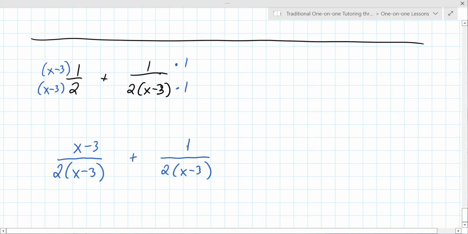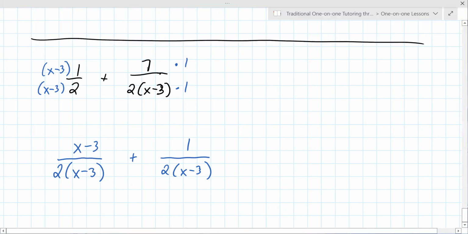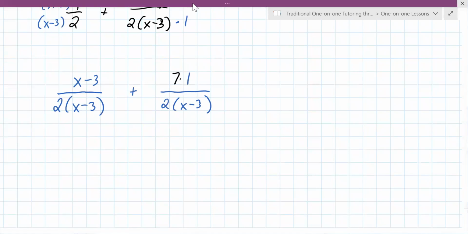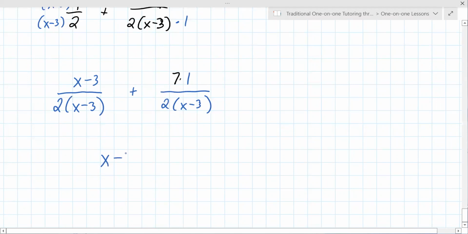But if it was, let's say, 7 up top, then it would be 7 times 1 down there on the bottom. Okay. So you combine the numerators. You've got x minus 3 plus 7 over 2 times x minus 3.